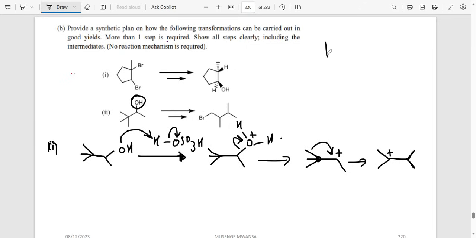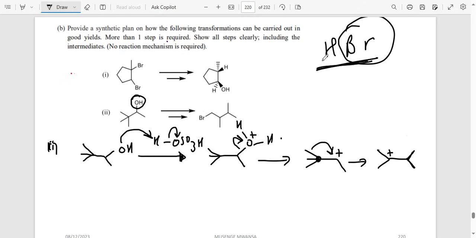Remember earlier we said if you use HBr, when you see a double bond, H can bond by the Markovnikov rule. H will bond where there are a lot of hydrogens, and then Br will attach where there are fewer hydrogens. If you remember the first reaction we talked about. And this one can only happen when you're talking about what? Double bonds. And that's the only way I can get to attach a bromine.